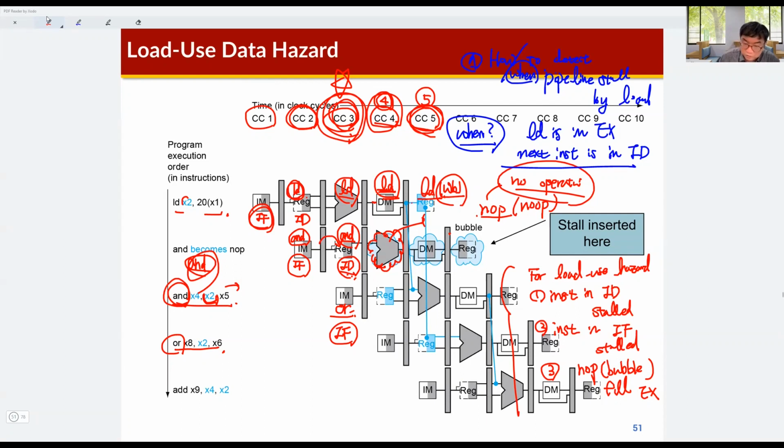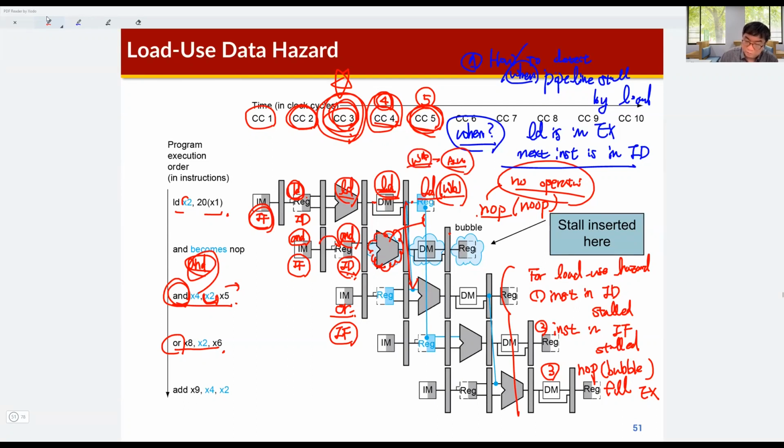Because the result of the load instruction is generated, using the data forwarding path we built in the previous class, data is forwarded from the write back stage to the input of the ALU.